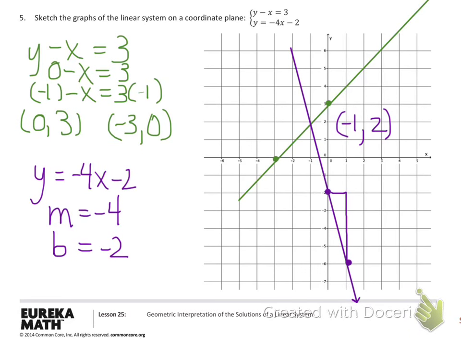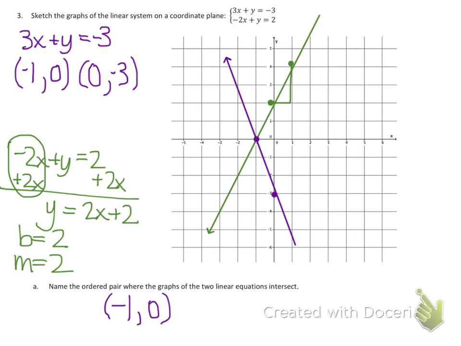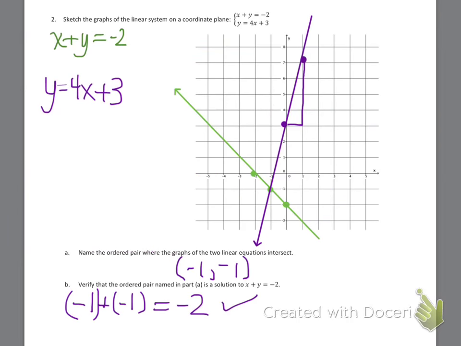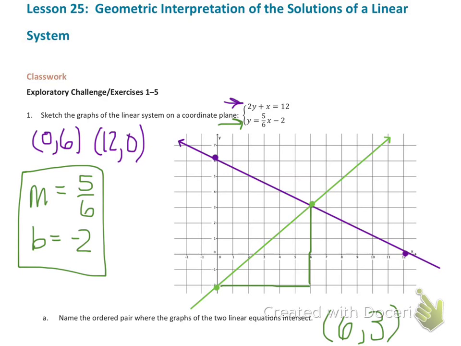Okay, so I want to go back and look at each of these pairs of intersecting lines. So these two intersect. In fact, all of our lines intersected in one point. So is it possible for a pair of lines to intersect in more than one point?